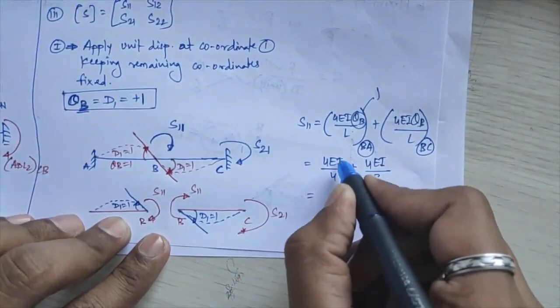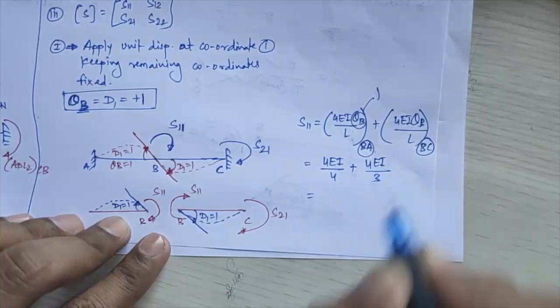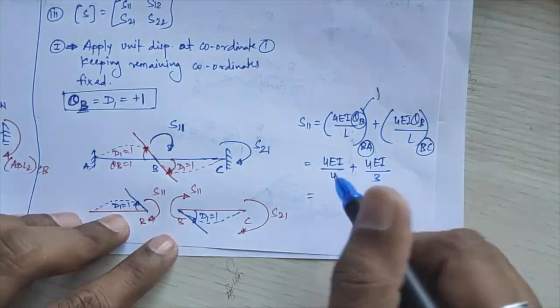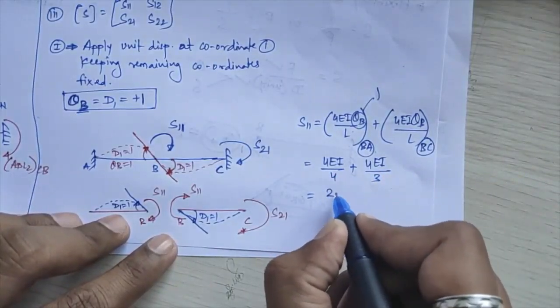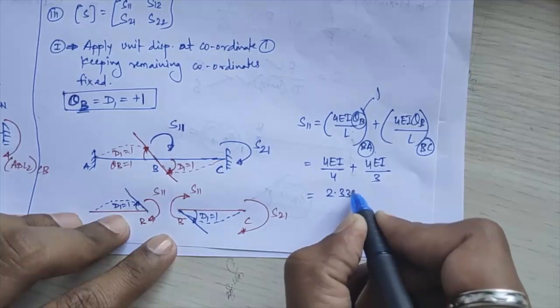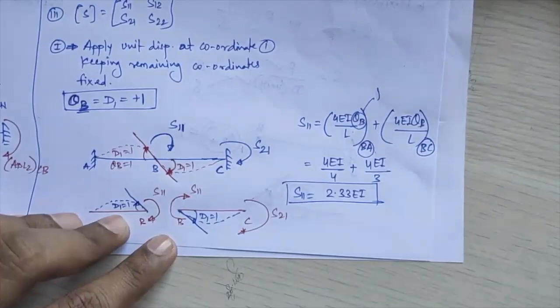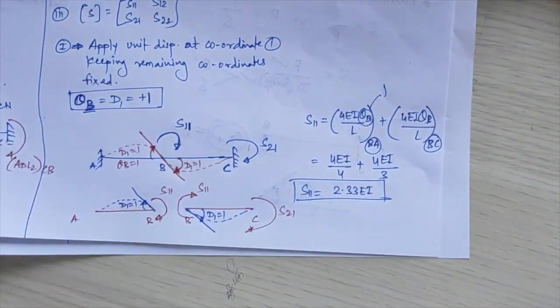So 4 by 4 becomes 1 EI, and 4 by 3 becomes 1.33. So the total value will be 2.33 EI, and that will be your S11 value. So I have got S11.